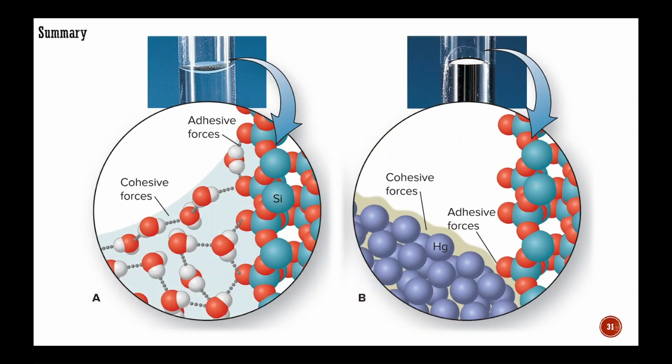Surface tension is related to phenomena like cohesion, which refers to the attractive forces between molecules within a substance, and adhesion, which refers to the attractive forces between molecules in a substance and their container. You saw that the balance between cohesion and adhesion determines whether a liquid meniscus is concave or convex. It also gives rise to capillary action, in which liquid is drawn upward into a narrow tube against gravity.